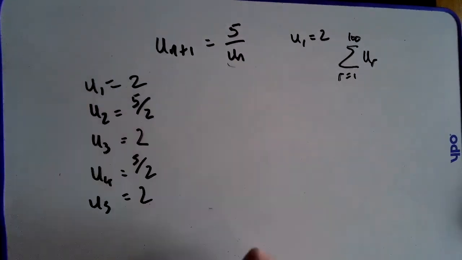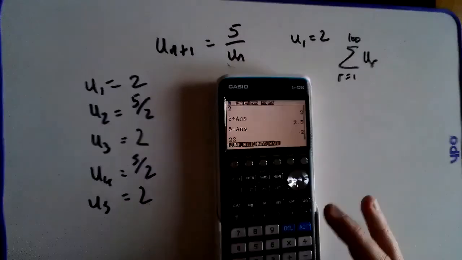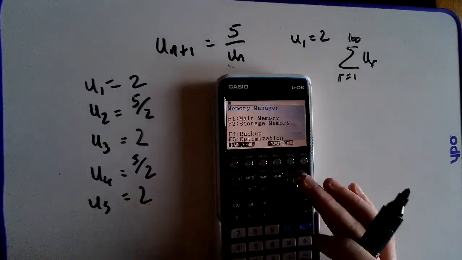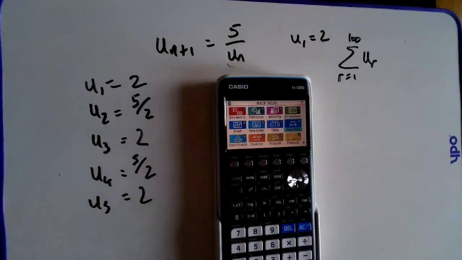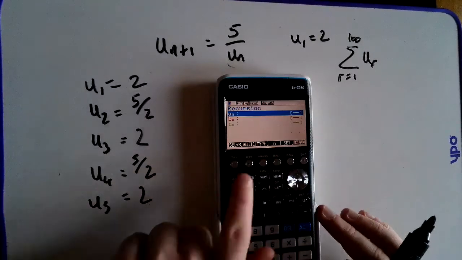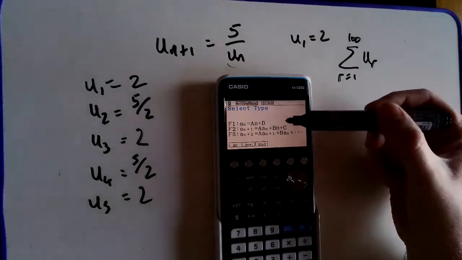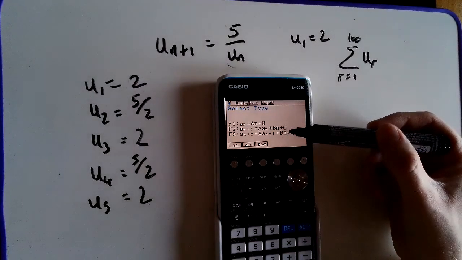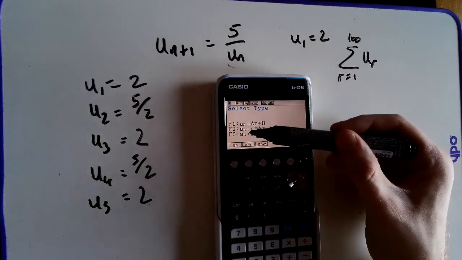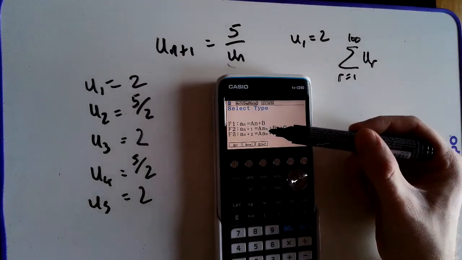Remember, you can get these numbers by using the sequence option on your calculator. So if I just quickly show you where it is. Recursion. Remember, you look at what type it is. The first one just means when the nth term is given in terms of n. The second one means when the next term is given in terms of the previous term.